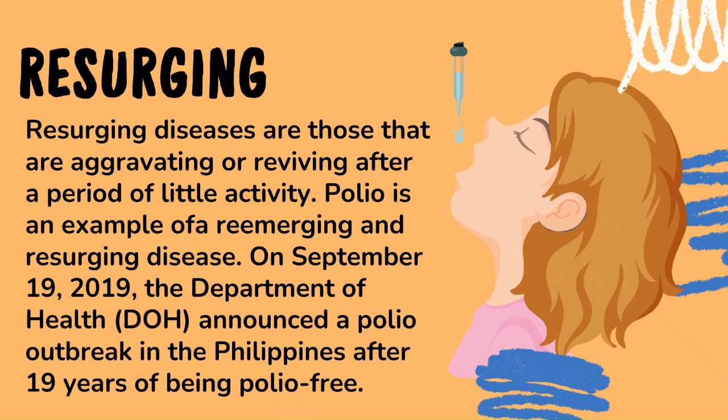The Philippines was polio free for 19 years, but in 2019, the Department of Health reported new cases. Polio spreads through dirty water or food that has germs from human waste. To protect ourselves, it's very important that children receive their polio vaccines and that everyone practices good hygiene, like washing hands and keeping the environment clean.